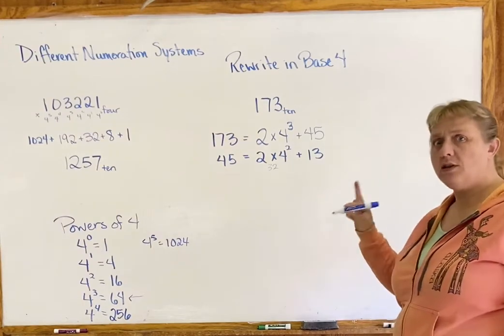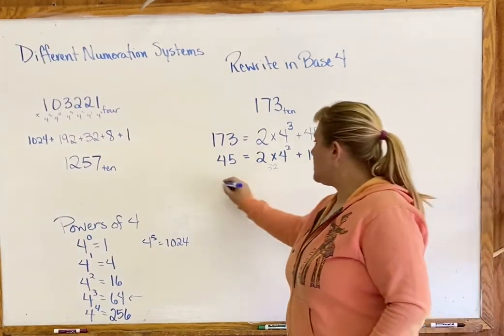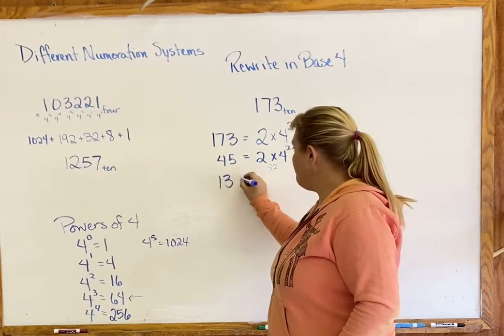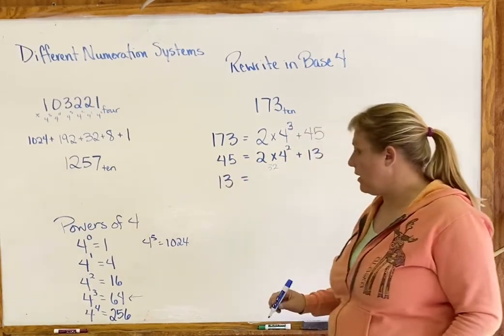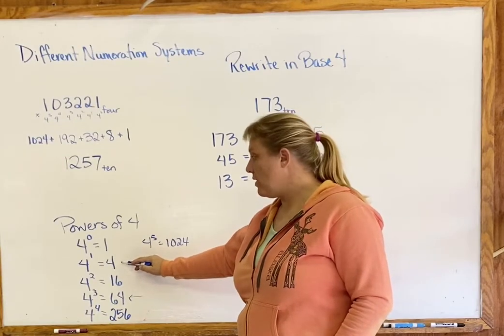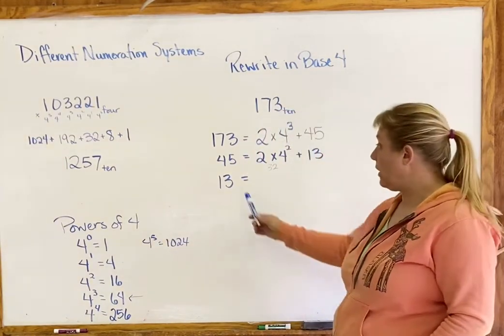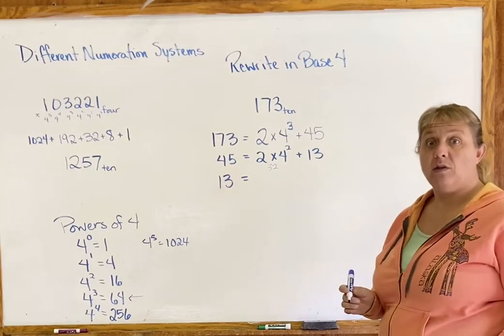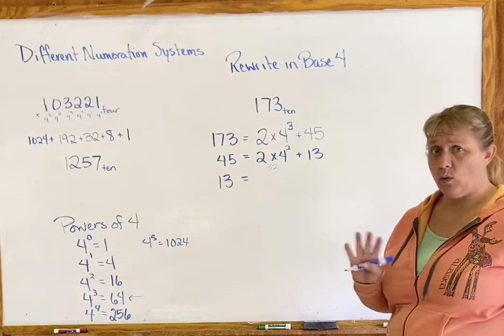So again, it's all this remainder going on here. So I'm going to bring the 13 down here, bring this remainder over here, and now we're looking at the next guy in the list. So the next guy was 4 to the first, or 4. So how many 4s are there in 13? Now hopefully we're getting into numbers that we are familiar with.